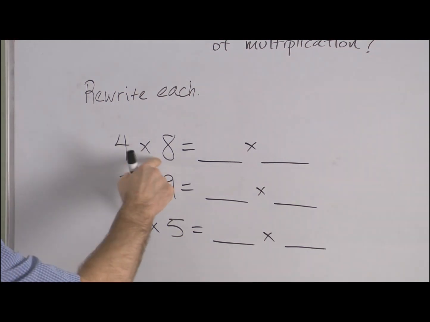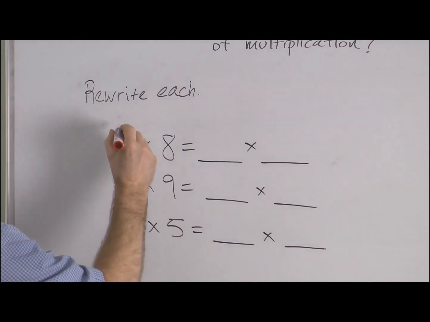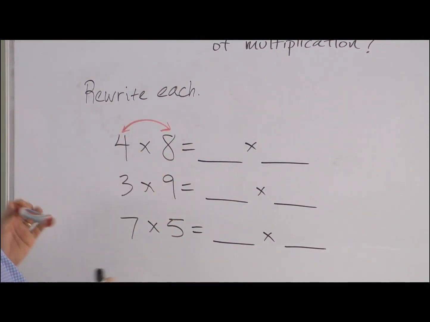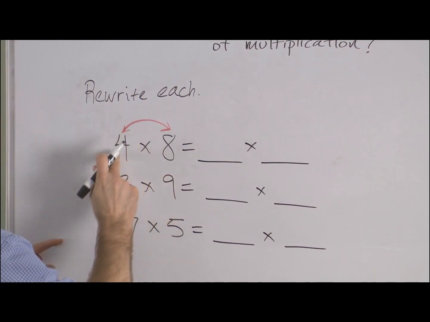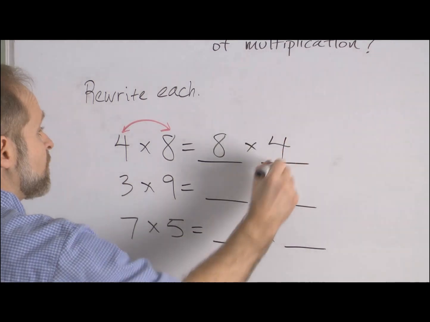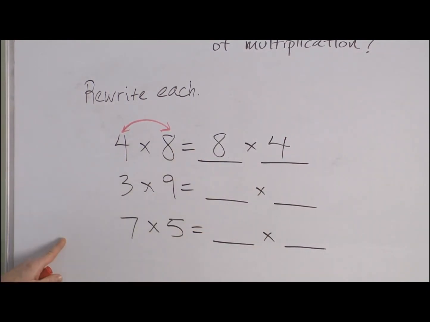Here we have 4 times 8. Our commutative property tells us that we can go ahead and switch the order right here and make this into 8 first and then the 4 last. So 8 times 4. I want you to go ahead and try these other 2 on your own just the same way. Please pause it. Thank you.